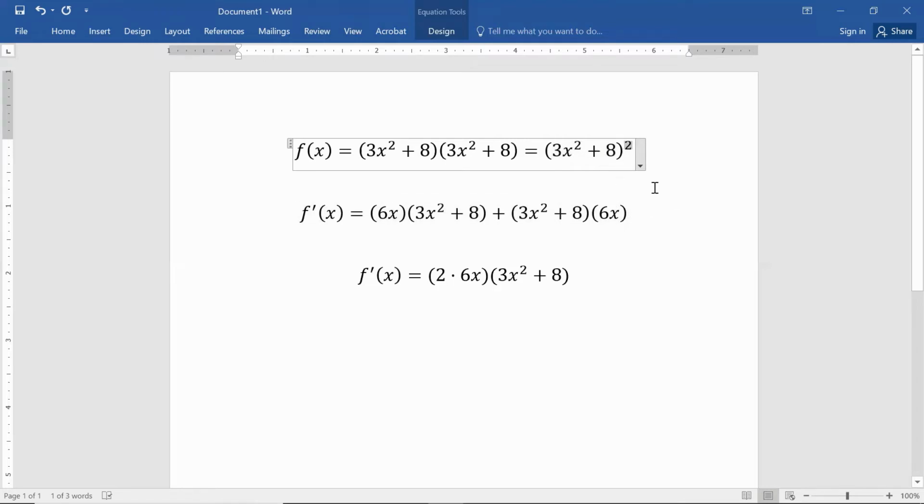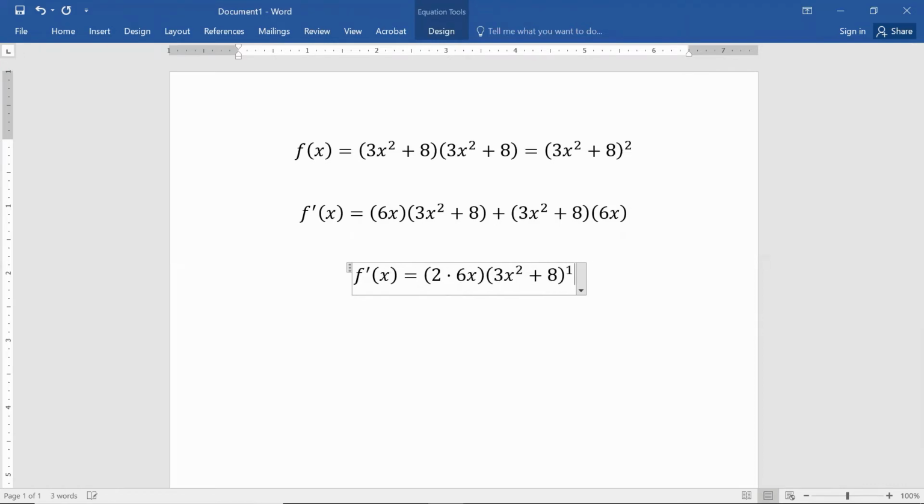And what happened is that expression had its exponent reduced by 1, and then that 2 came out front. And it happened to multiply the derivative of the inside function. So it's almost like I took the 2 out front, I left the 3x squared plus 8 alone, and lowered the exponent by 1. And then out front, I had to multiply times the derivative of the inside expression, namely 6x.